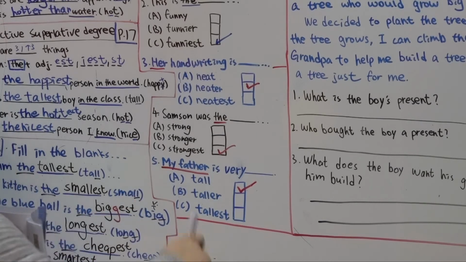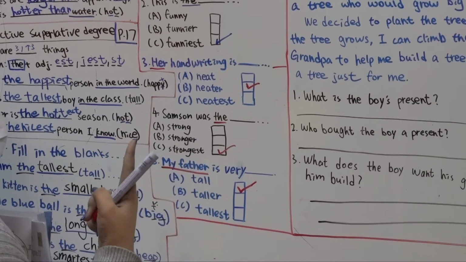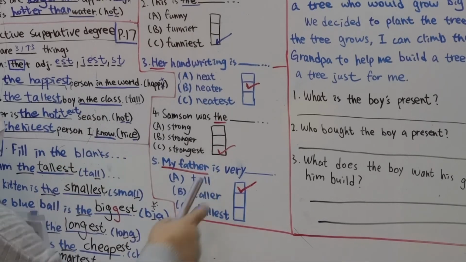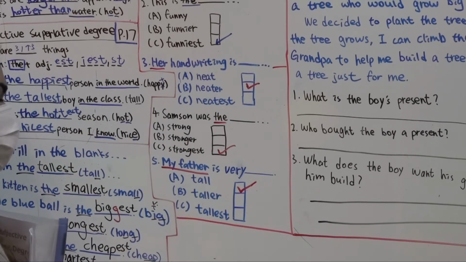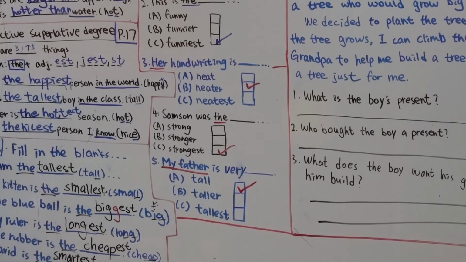Remember that, okay? My father is just a person. So we just use the normal adjective. My father is very tall. Okay, check your answers.